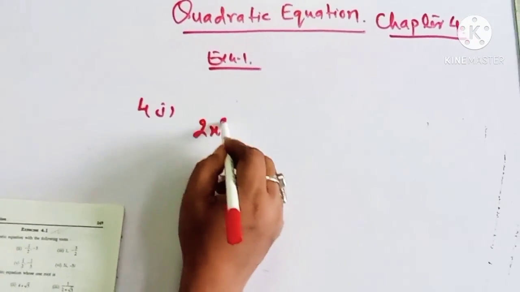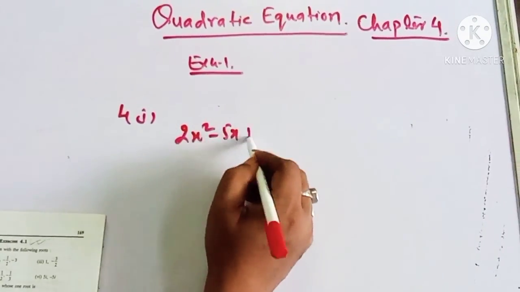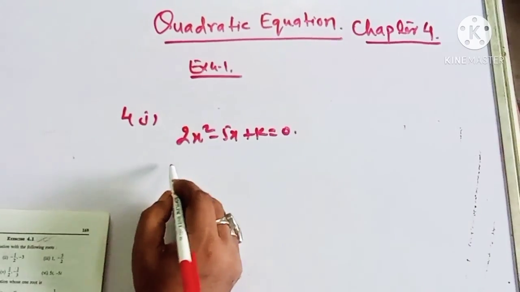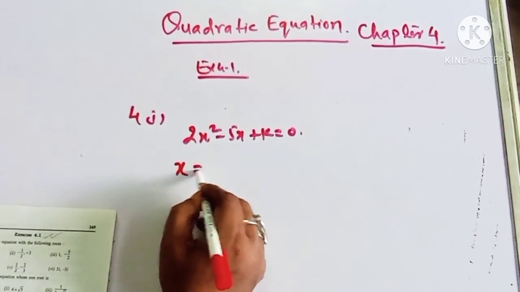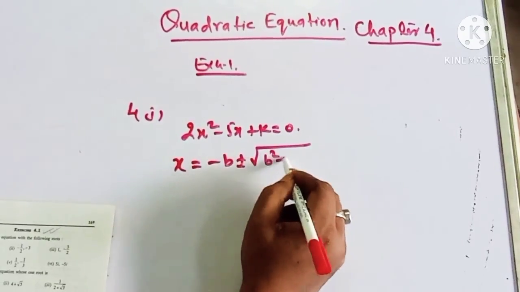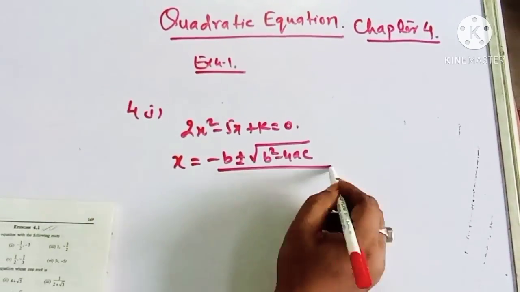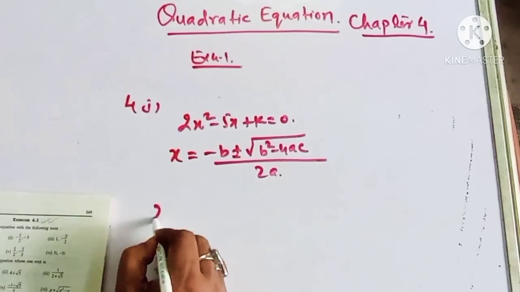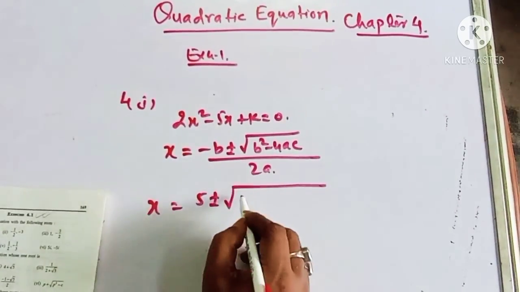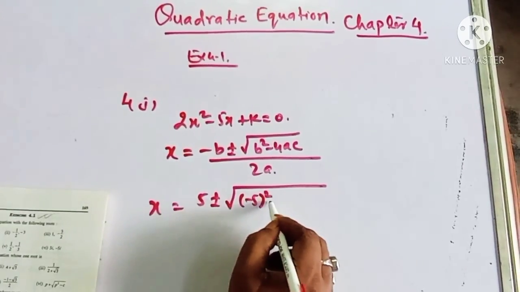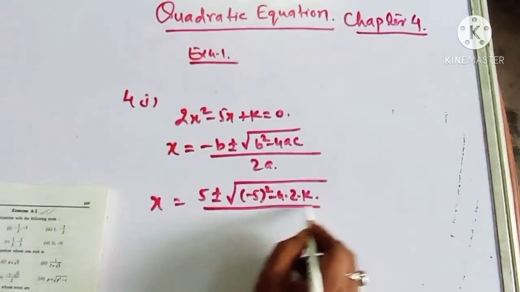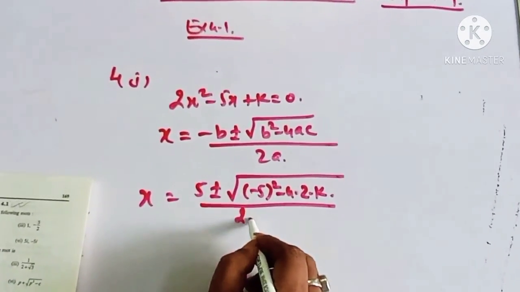So x² − 5x + k = 0. With the help of the quadratic formula, I will find the value of x, that is x = (−b ± √(b² − 4ac)) / 2a. This is the formula. So x = (5 ± √((−5)² − 4·1·k)) / (2·1).